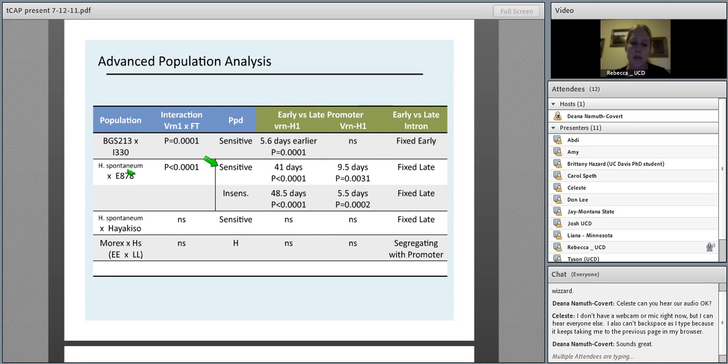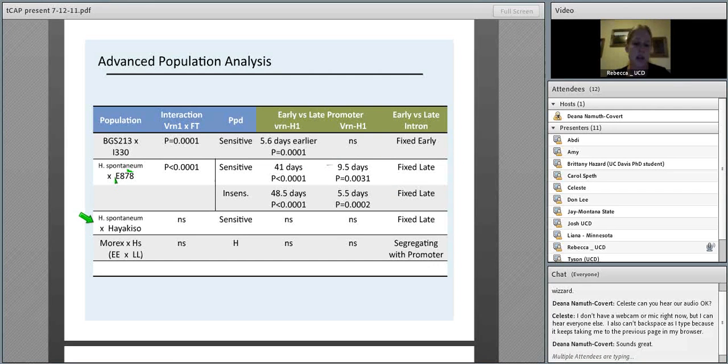We broke this population down into both sensitive and insensitive lines and looked at some F3 families, and we did still see the effect even in the insensitive PPD background. We see a 40 to 50 day difference in the recessive, wild type VRN1 background, and only about 5 to 10 days difference when you have that dominant VRN1 pushing through. And this is with a fixed late intron type.